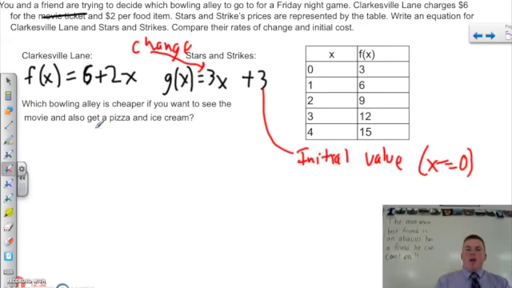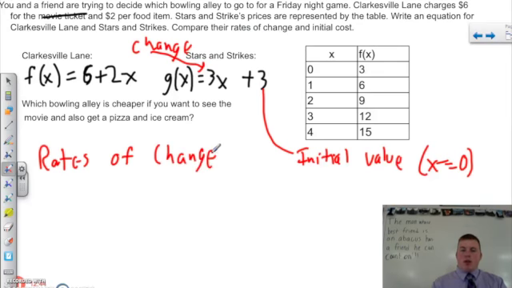Now, we want to first compare their rates of change and the initial cost. So looking at rates of change, that's our slope, or what's happening every time. My rate of change on the first one is the number in front of the x. It's going to be 2. And on this one, it's going to be 3.